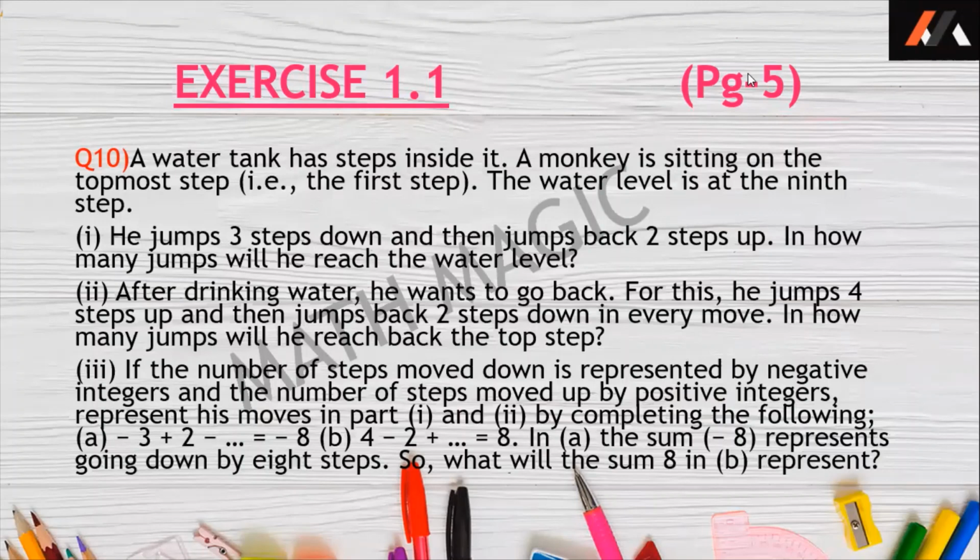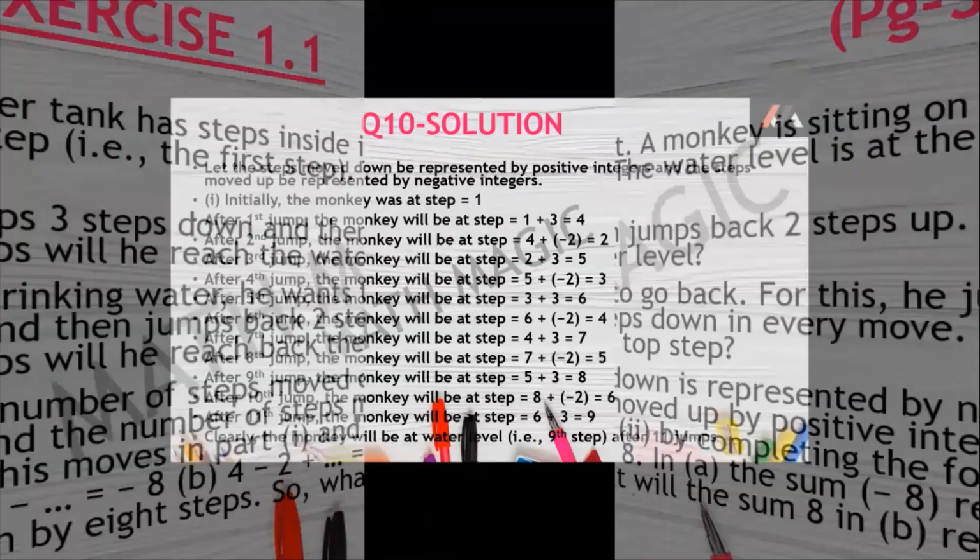A, minus 3 plus 2 minus dash equal to minus 8. B, 4 minus 2 plus dash equal to 8. In A, the sum minus 8 represents going down by 8 steps. So what will the sum 8 in B represent? Let's see how to do this.